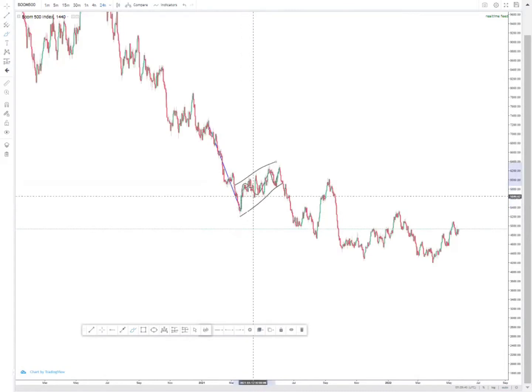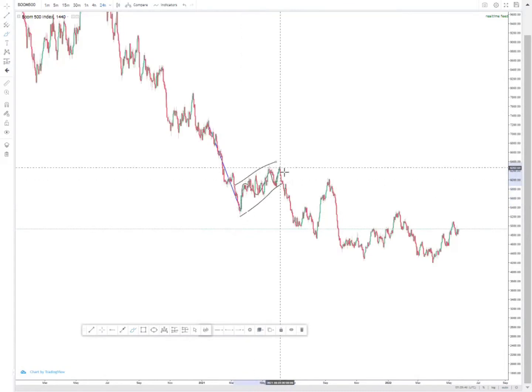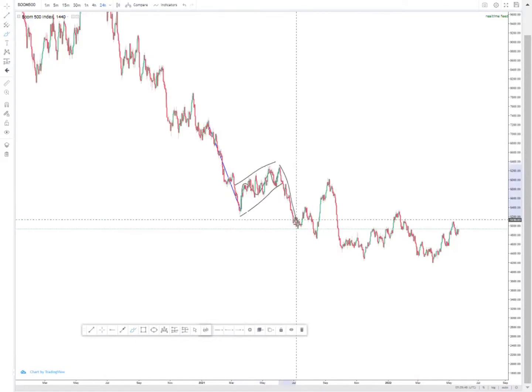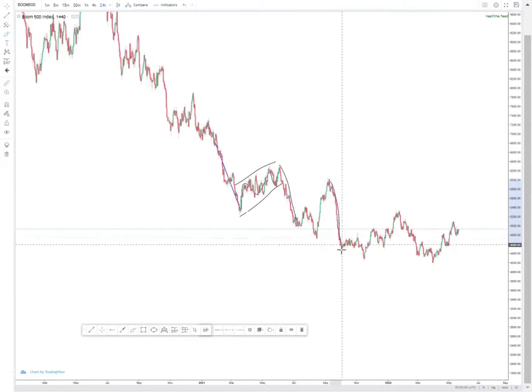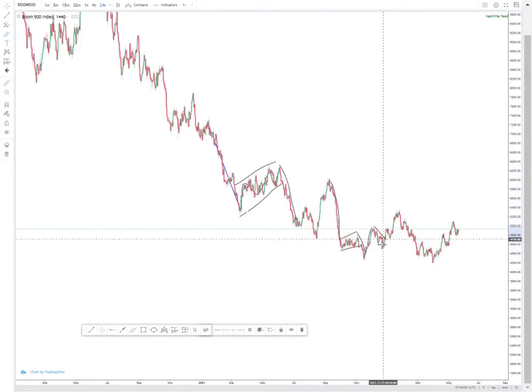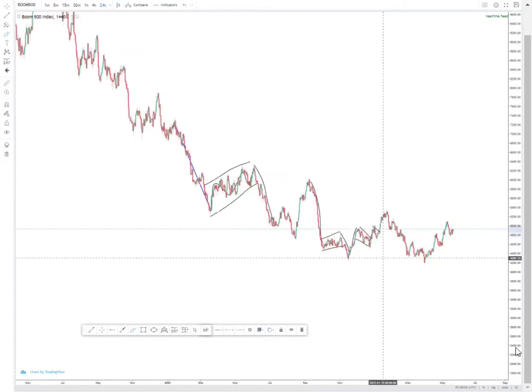This is a correction that I was talking about, and then the next thing is an impulse. So we had an impulse, then this small correction, and then this small impulse. It's like this: impulse, then a correction, then impulse, a small correction.